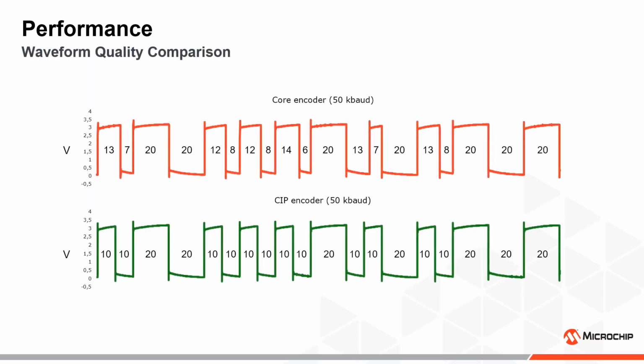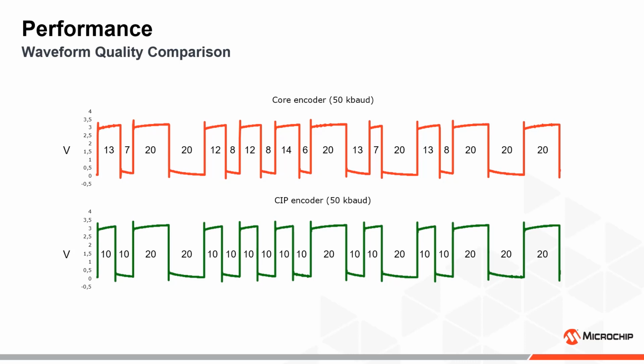In addition to superior baud rate, the waveform quality is also better for the CIP encoder than for the core-based encoder. Here are some examples of 50 kilobaud waveforms generated by the two encoders. The numbers indicate the time between edges in microseconds. The core-based encoder gives a quite irregular waveform, while the CIP-based encoder produces a waveform of much better regularity and quality overall.